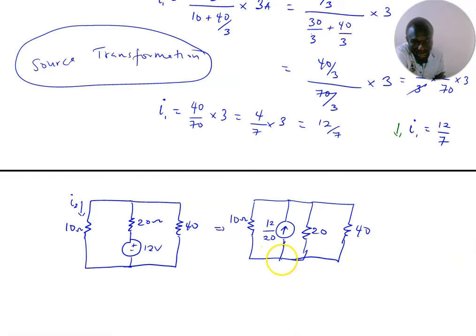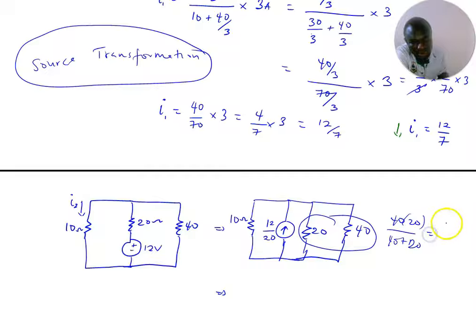Now that we've got this one, I can combine these two, right? And combining these two, what do I get? I'm going to get 40 times 20 all over 40 plus 20, and this is going to give us 800 over 60, right?